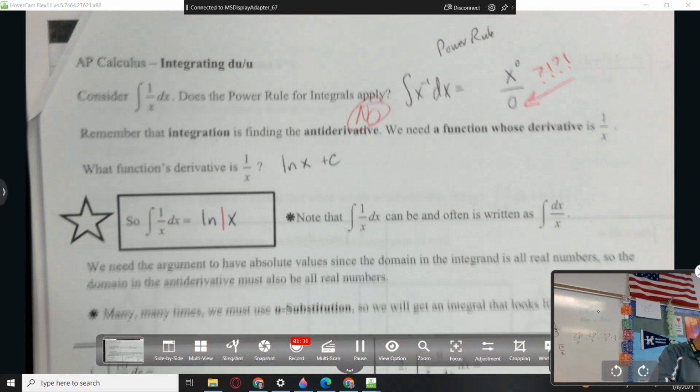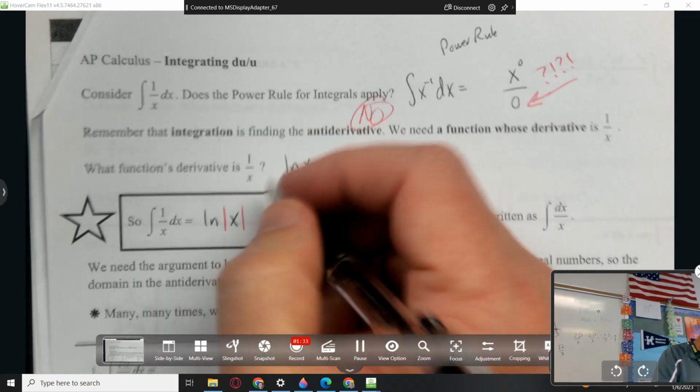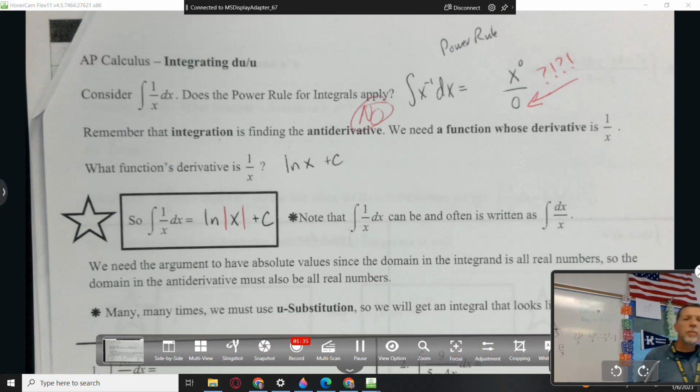We put the argument in absolute value because you can't take the log of a negative number. That would make it a lot messier. So the antiderivative of 1 over x is natural log of the absolute value of x.